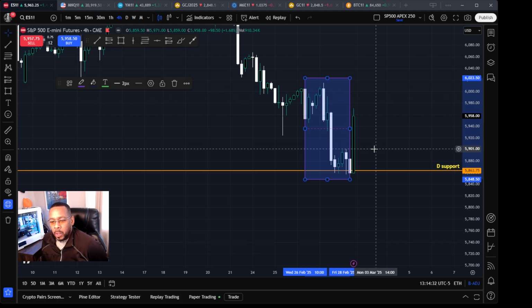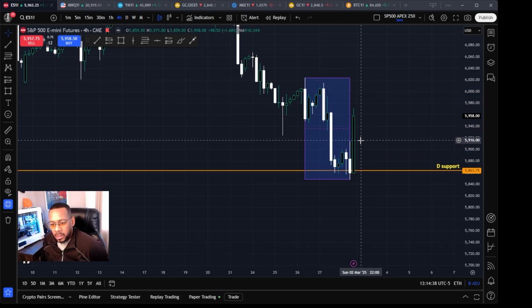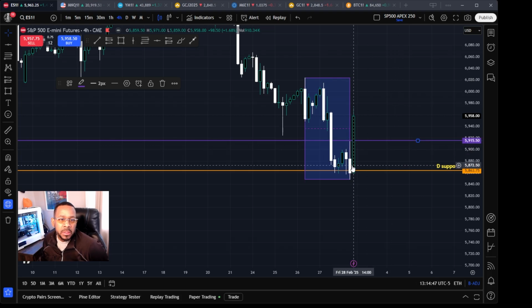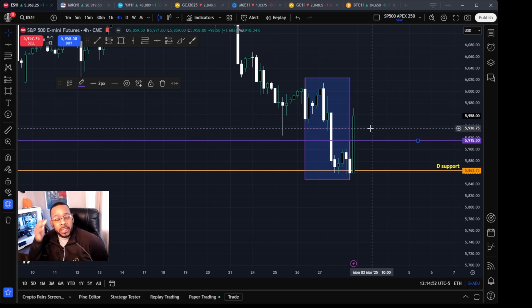So what we would like to see is price pull back into this, hit this high of this candle, and continue up. This will be a telltale sign of price continuing to be bearish for the month. Since we don't have any imbalances to clean up, again, S&P has been consolidating. So there's not a lot of imbalances left right now on the larger time frames.